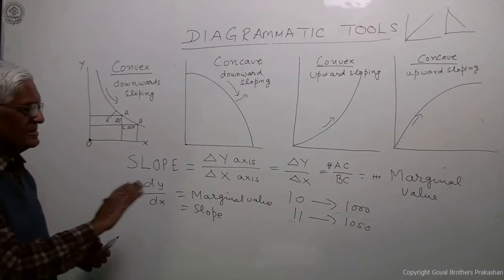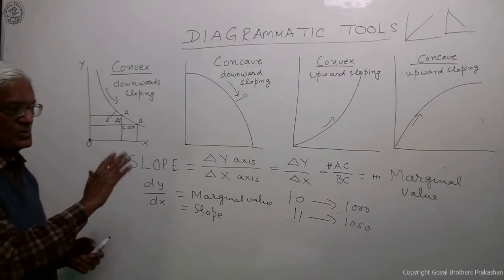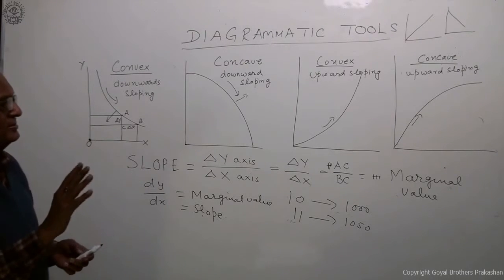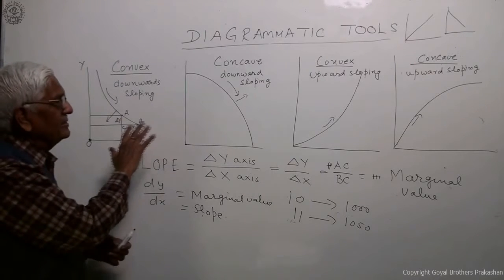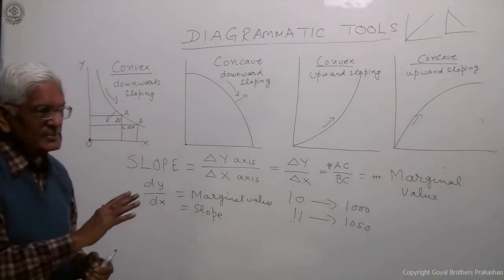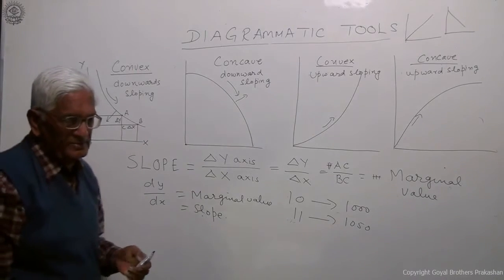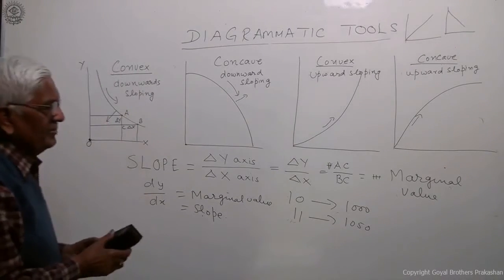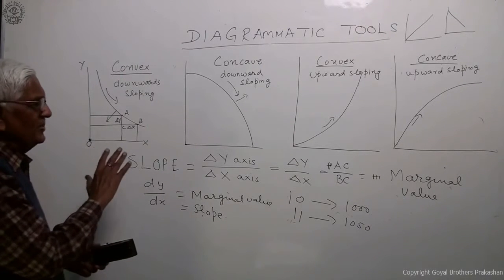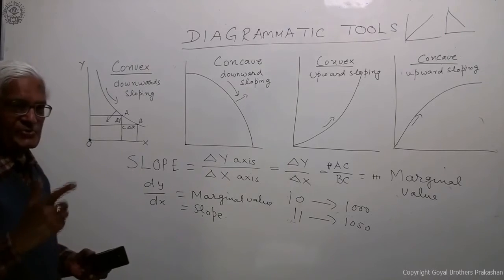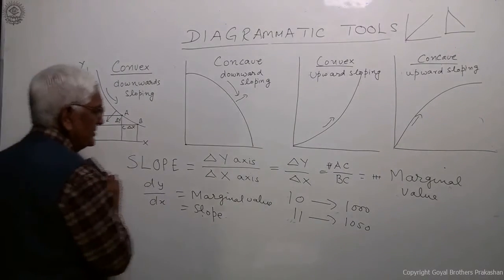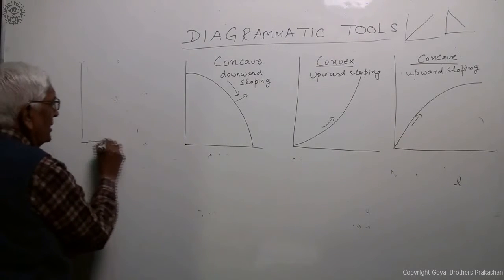This is how mathematics is applied to economics. Okay, so these are four types of curves we have understood, and we have talked about slope. Let us talk about the behavior of slope on this. I'd like to draw this diagram again.